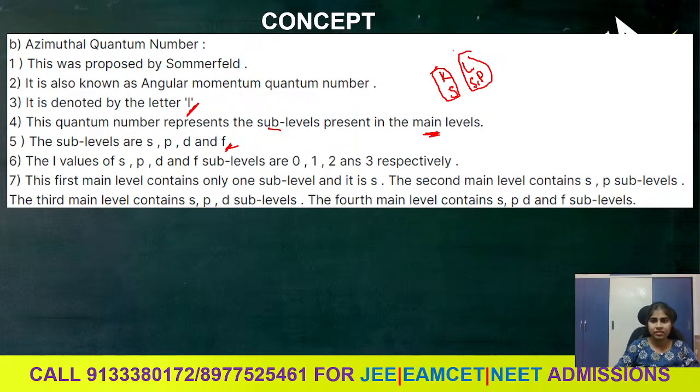And the third, for example M, contains s, p and d sublevels. The fourth main level, if taken as N, contains s, p, d and f sublevels. So this is about the azimuthal quantum number.